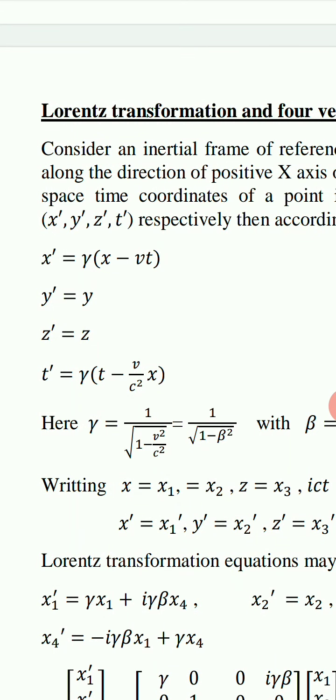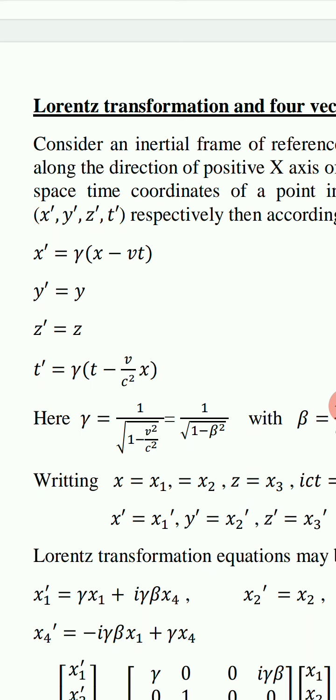These 4 equations, which relate space-time coordinates in 2 frames, are known as Lorentz transformation equations. First is x dash equal to gamma times x minus vt.